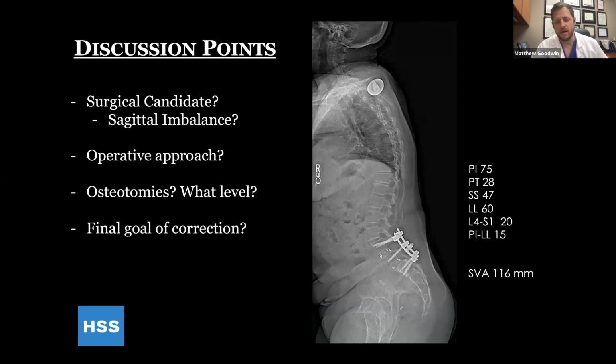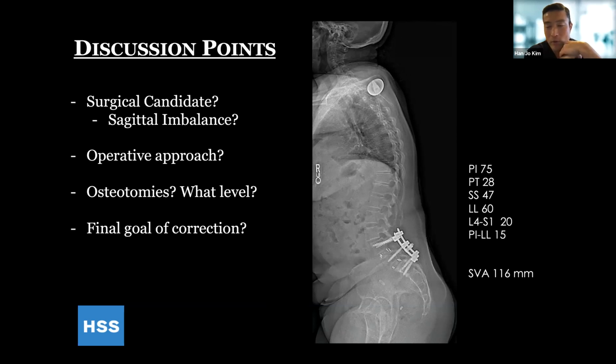And so when you correct them, it looked like they were fused through there. It's still hard for me to imagine a great result without creating more lordosis lower down in that L4-S1. So I'd be thinking real hard about a low PSO down there to get that.